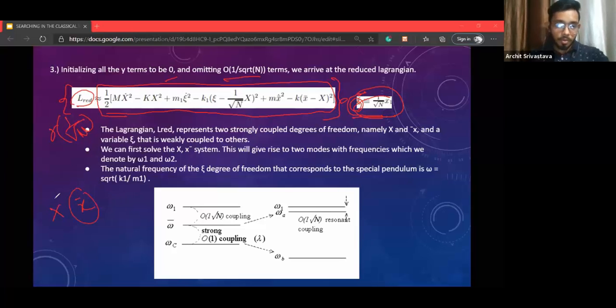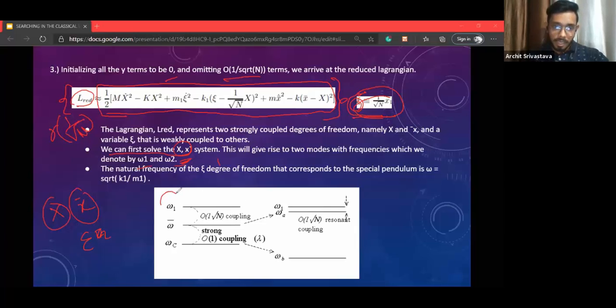These are the two degrees of freedom which are strongly coupled together, and the third variable, epsilon, is not too strongly coupled. If we solve for the first two strongly coupled degrees of freedom, we actually get two modes of frequencies which are omega 1 and omega 2.